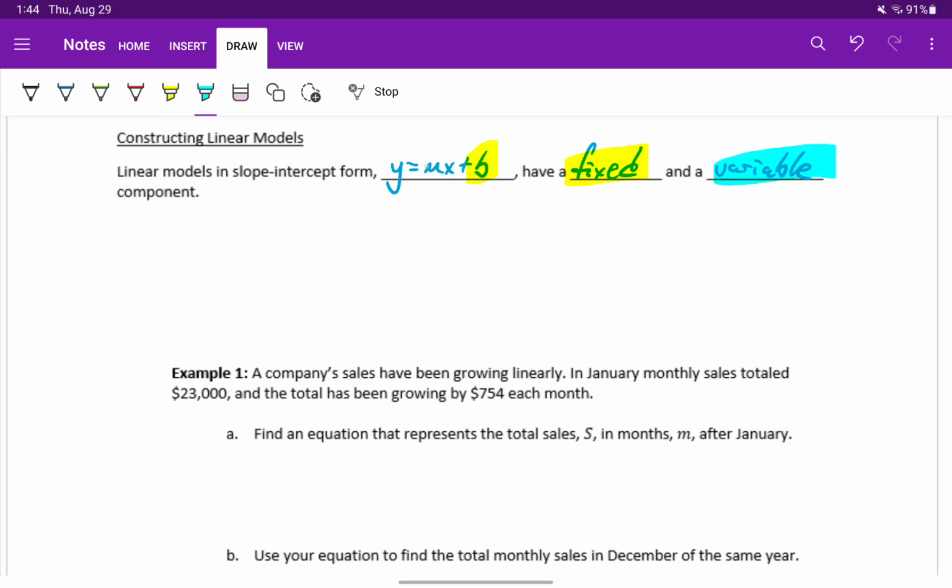Our variable term is our slope multiplied by x. Because what will happen is that this constant term never changes, but our variable term, the value of that term, changes depending on our value for x.